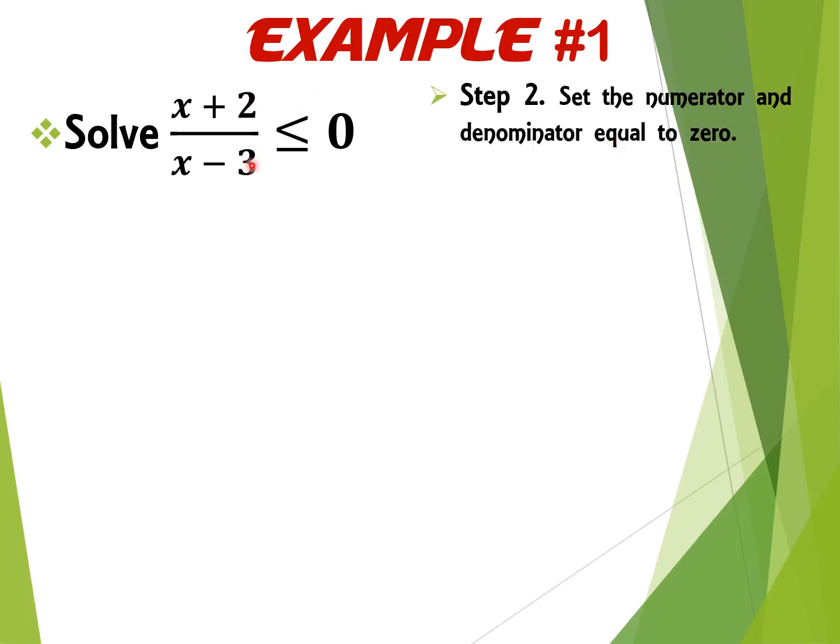Since these are already prime, we simply equate the numerator to 0 and the denominator to 0. So x + 2 = 0 and x - 3 = 0. Solving for x, we have x = -2 and x = 3.